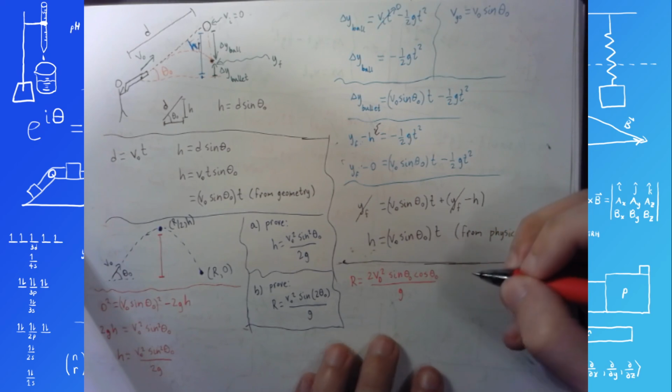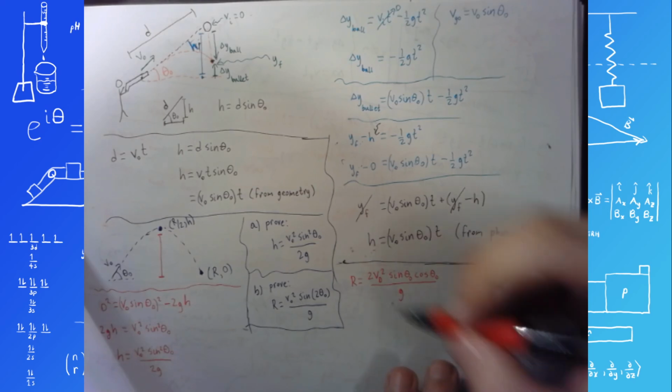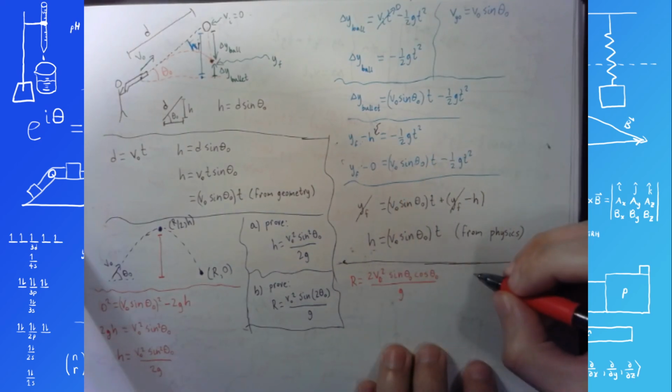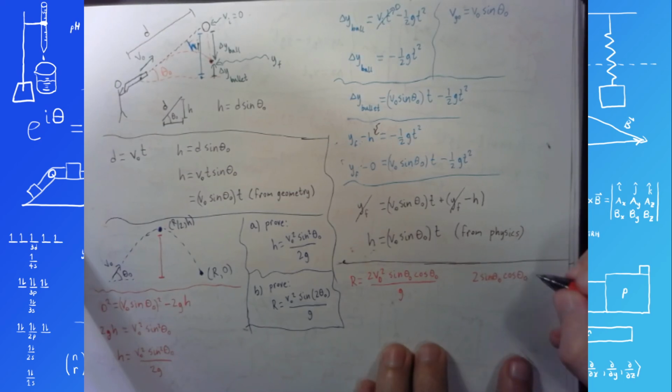Okay, so for those who took pre-calculus, you should be able to recognize 2 sine theta cosine theta is equal to what? 2 sine theta cosine theta is equal to sine of 2 theta 0.